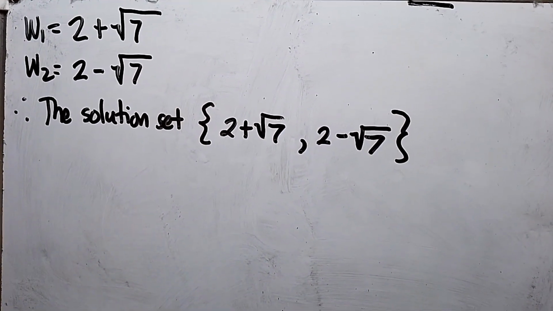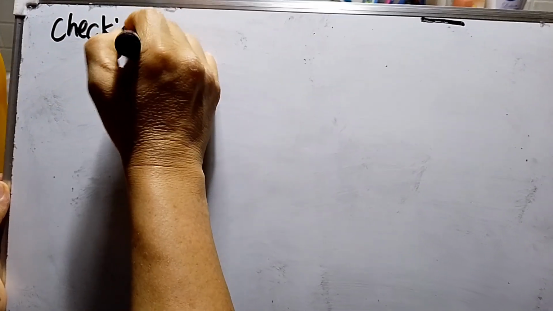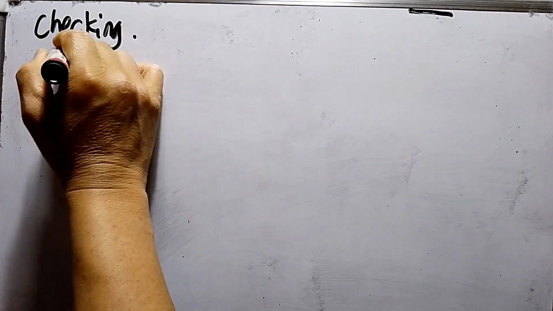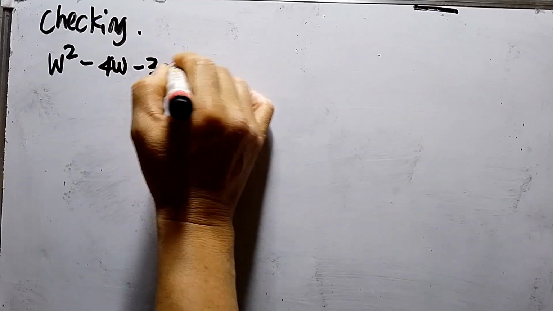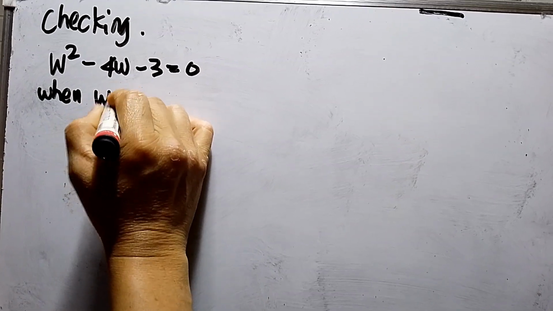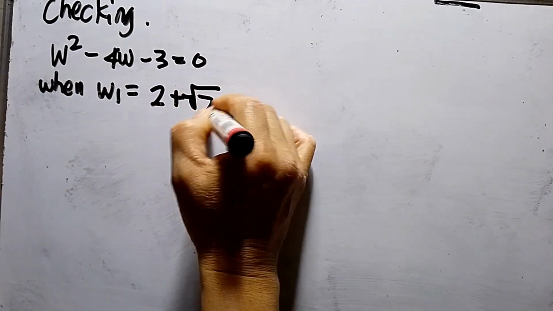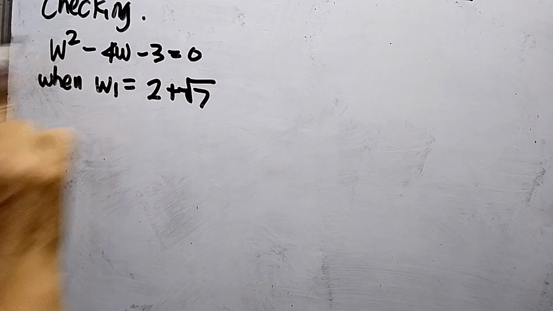Now, let's go for checking. Let us check. So, using the given quadratic equation, which is w squared minus 4w minus 3 is equal to 0, when w1 is equal to 2 plus square root of 7, I need to substitute this 2 plus square root of 7 to the w variable.